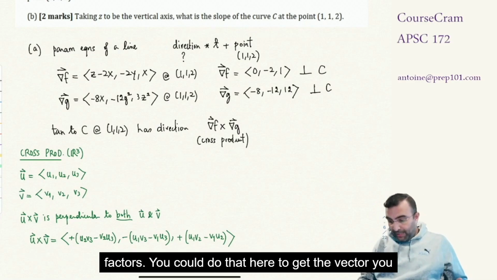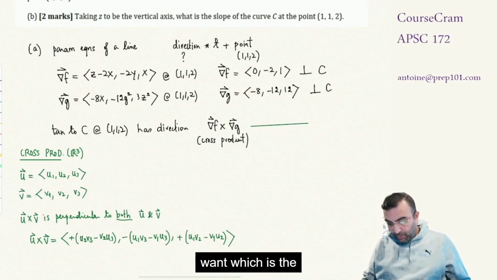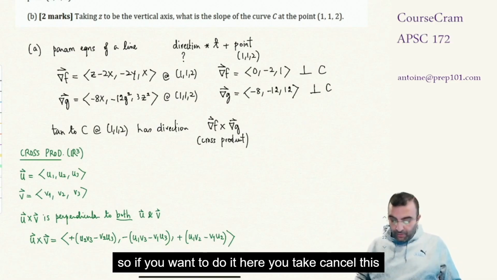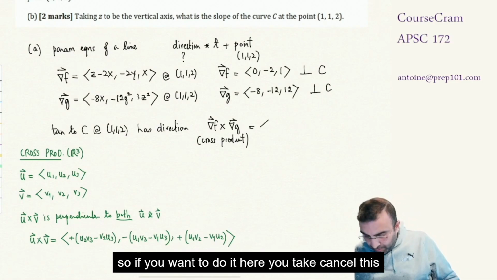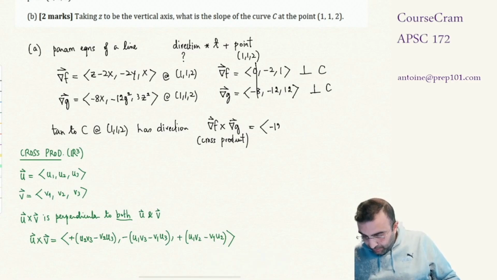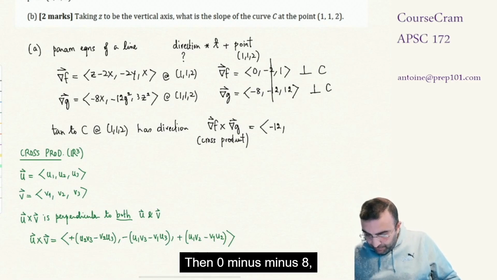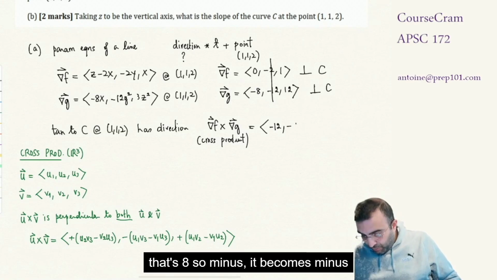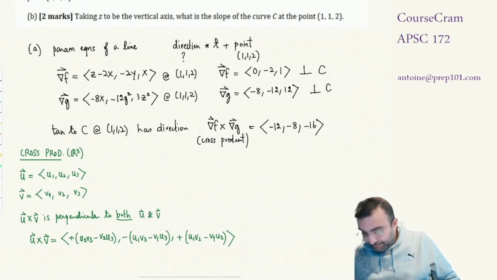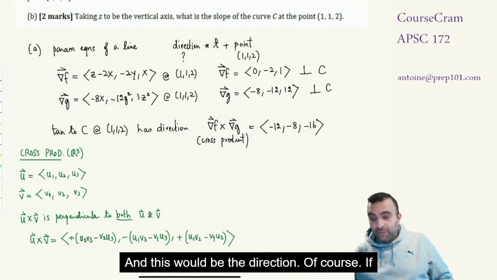You could do that here to get the vector you want, which is the direction. So if you want to do it here, you cancel this, so this is minus 24 plus 12, which is minus 12. Then 0 minus minus 8, that's 8. So it becomes minus 8, and then cancel this, that would be 0 minus 16. And this would be the direction.